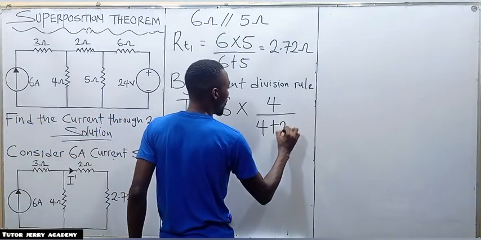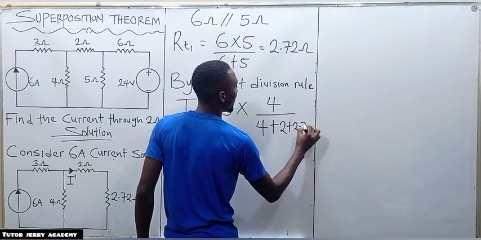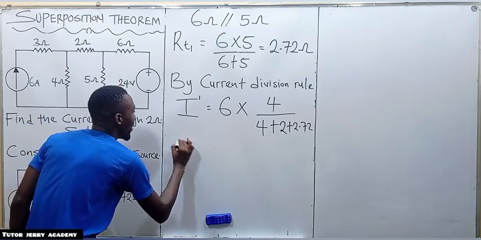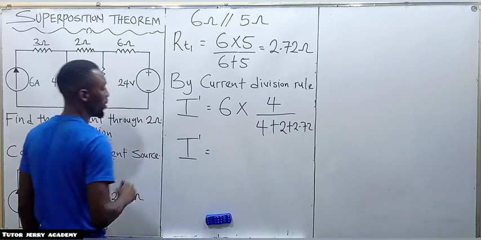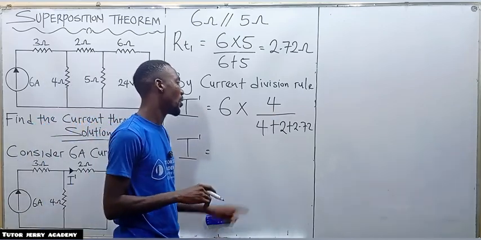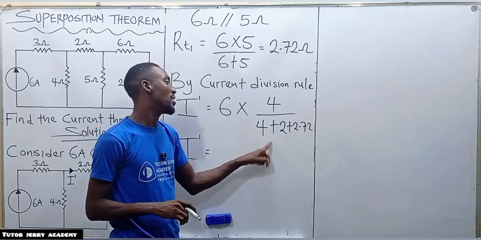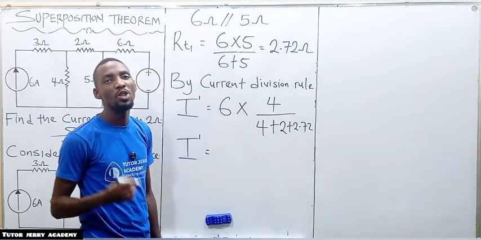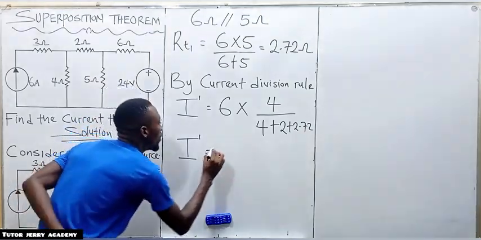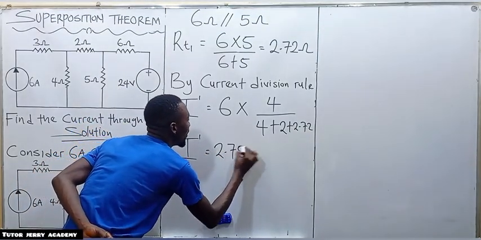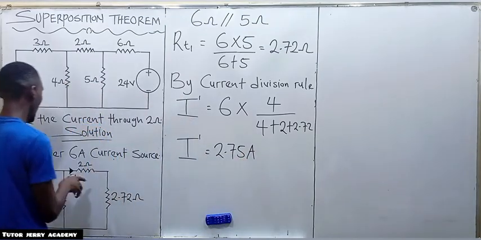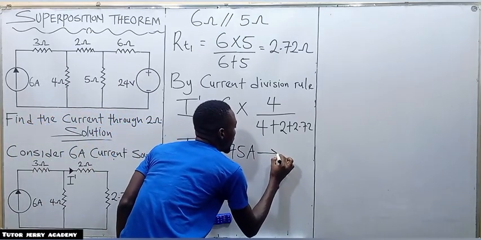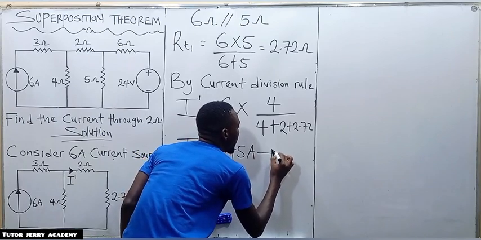So I prime equals 6 times 4, which is 24, all over 4 plus 2 is 6, plus 2.72 is 8.72. 24 divided by 8.72 gives us 2.75 ampere. And don't forget the direction is rightward, like this.